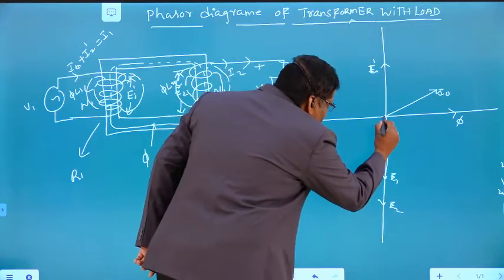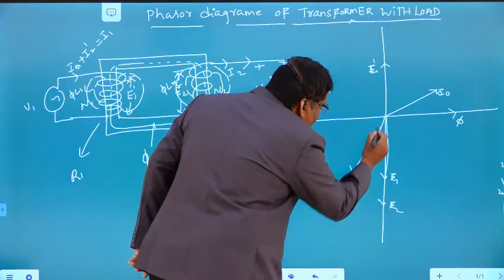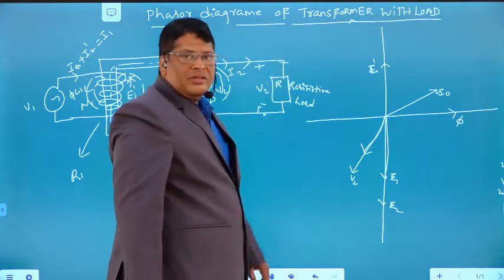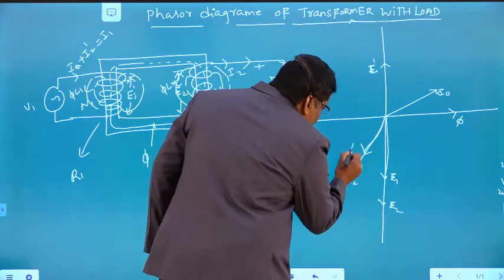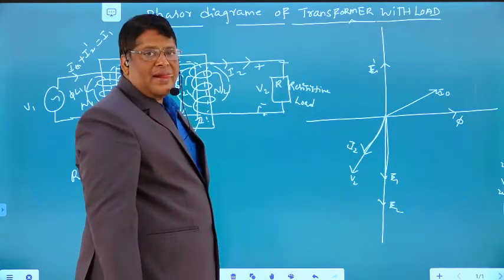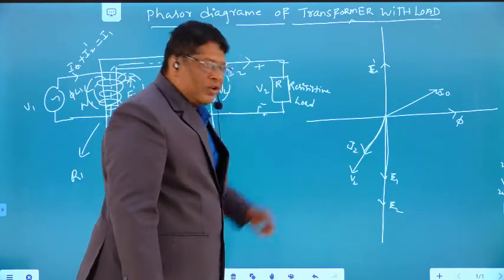Now here you take V2. This is V2. Resistive load means current I2 is in phase with V2. So that's why here I have taken I2 up to here.